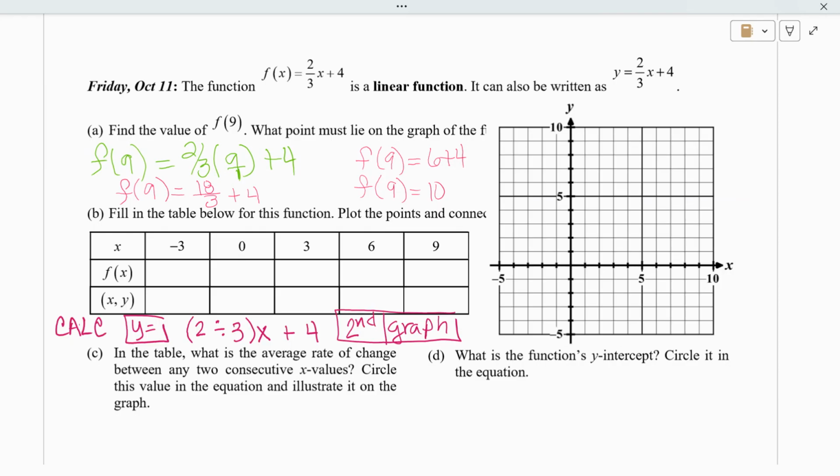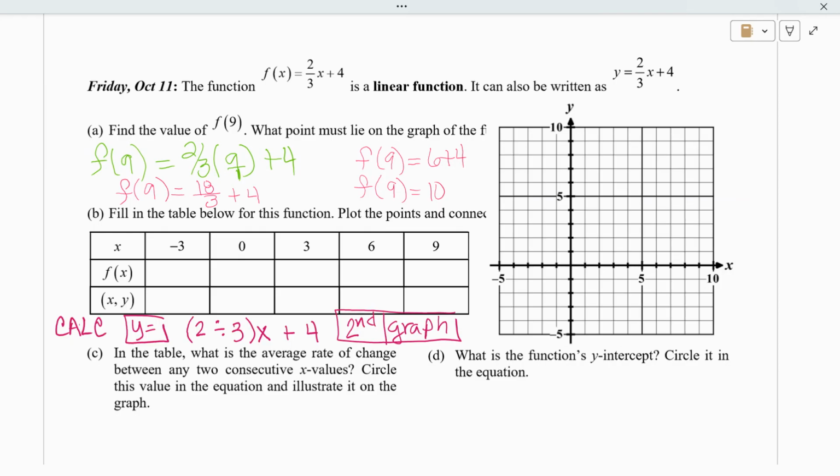We're just finding the output when x is -3, 0, 3, 6. They're multiples of 3, right? Why? Because the function has a fraction in it, 2/3. And we know that if we multiply 2/3 by 3, the denominators cancel out. So it's because we want to have nice whole numbers to graph. We want nice integers to graph.